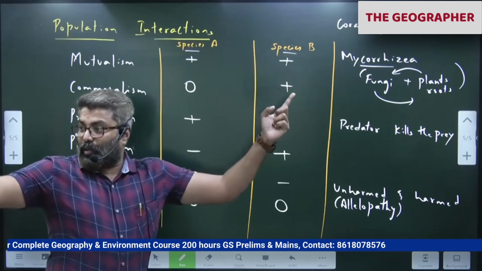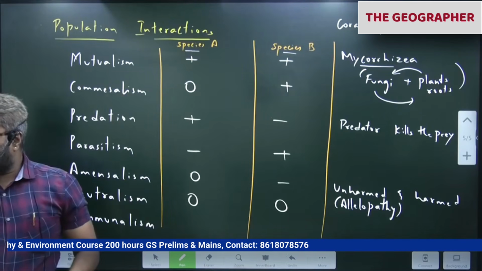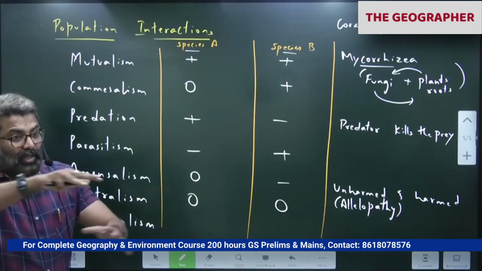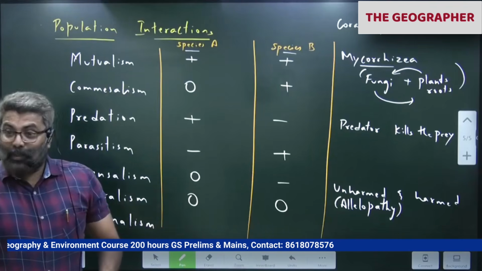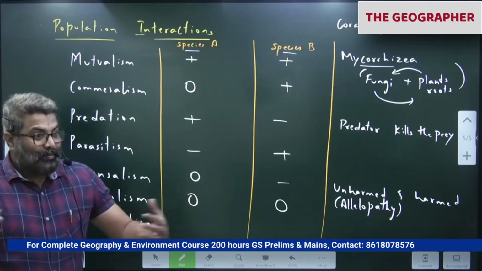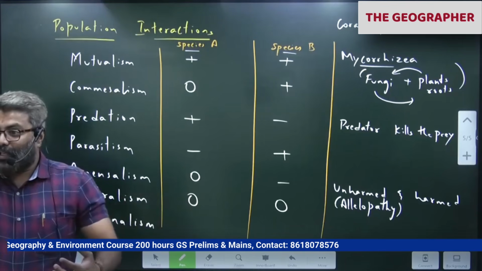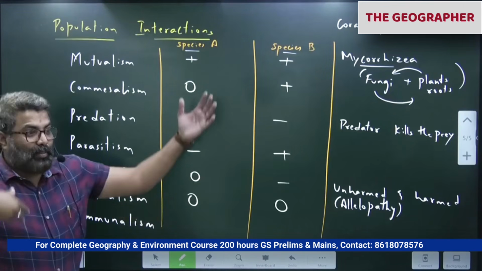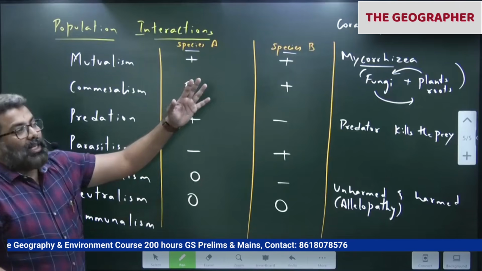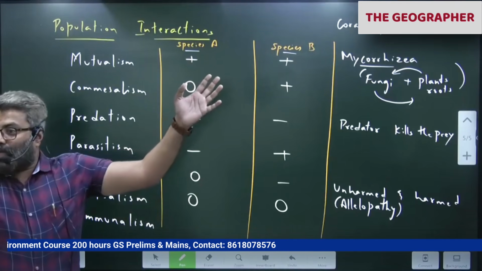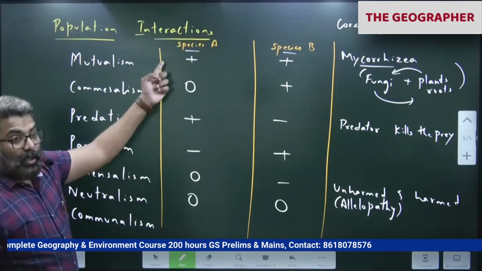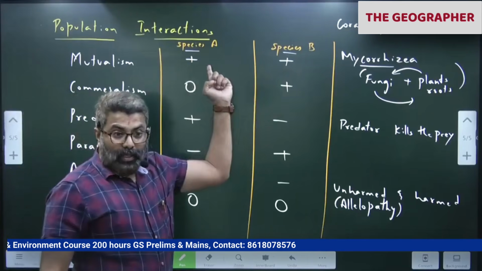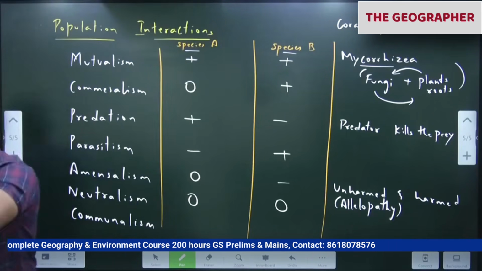The birds get to eat all the lice, bugs, parasites on top of the cattle skin. In turn, the cattle is benefited because it is getting cleaned. It is getting a natural kind of therapy. It will be lying around like this. The birds keep picking on all the bugs. Correct. As a result, it is a case of mutualism. Here, the birds sitting on the cattle.